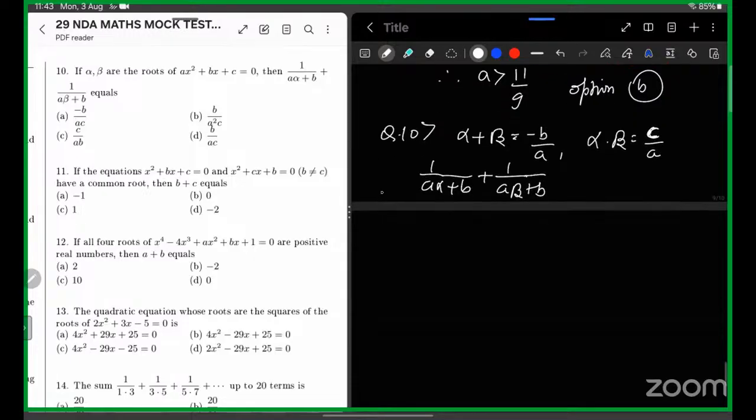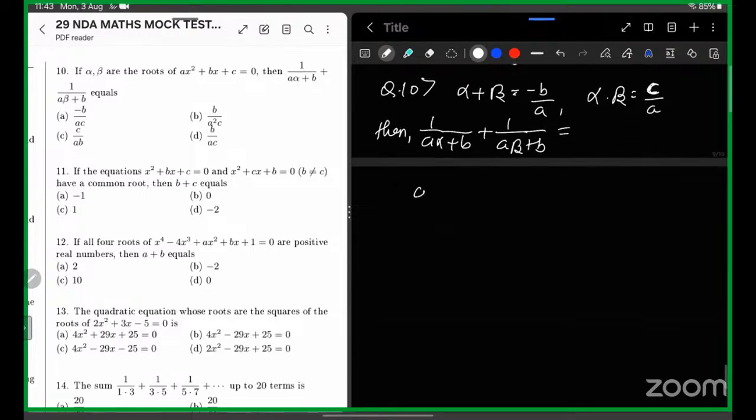Just do the cross multiplication. When you will do the cross multiplication, I am going to get a beta plus b plus a alpha plus b, dividing it by a alpha plus b into a beta plus b.